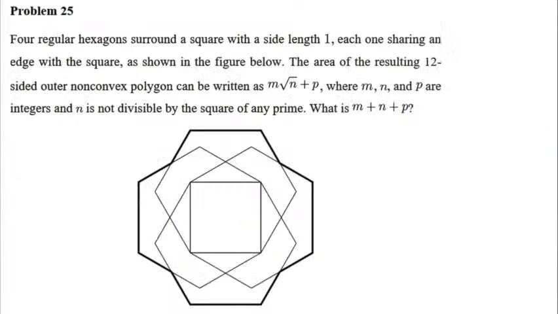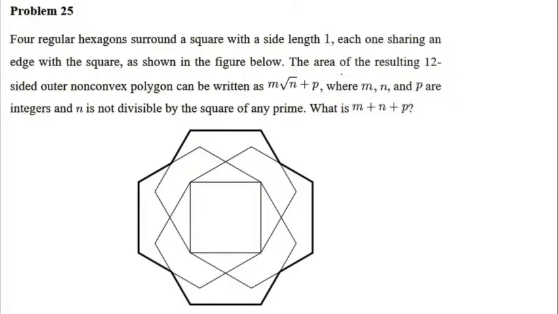Problem number 25 of AMC 12B 2022. It says 4 regular hexagons surround a square with side length 1. So it is 1, and a regular hexagon on each side. For example, one of them is this, and the other one is this. Each one shares an edge with the square.